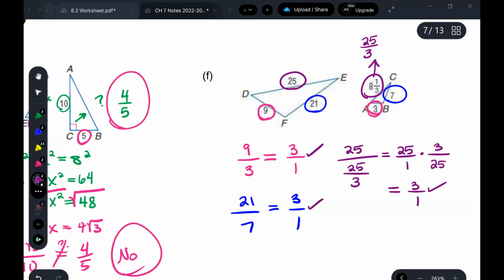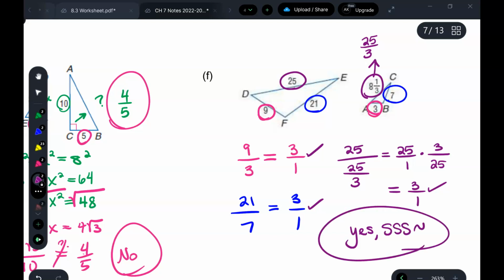If they're all divided by 3, then 25 over 3 is still 25 divided by 3. Remember how to change a mixed number into an improper fraction? 8 times 3 plus 1 is 25. No, but how did you get to 3 over 25? Because that's how you divide fractions. You multiply by the reciprocal.